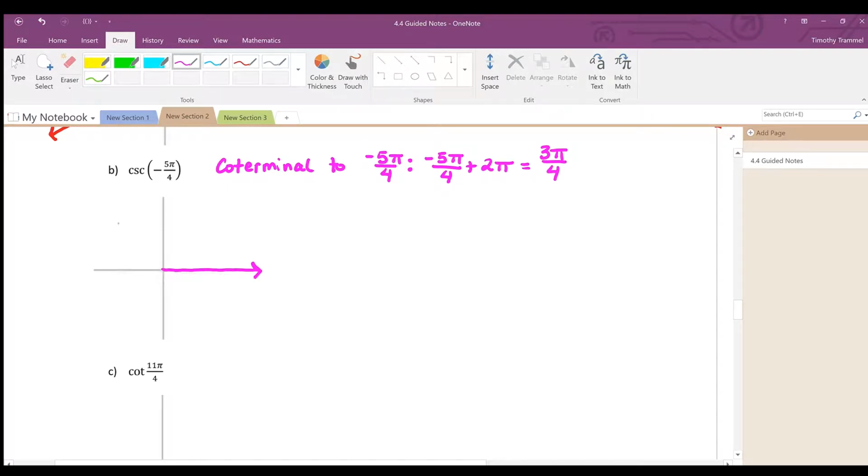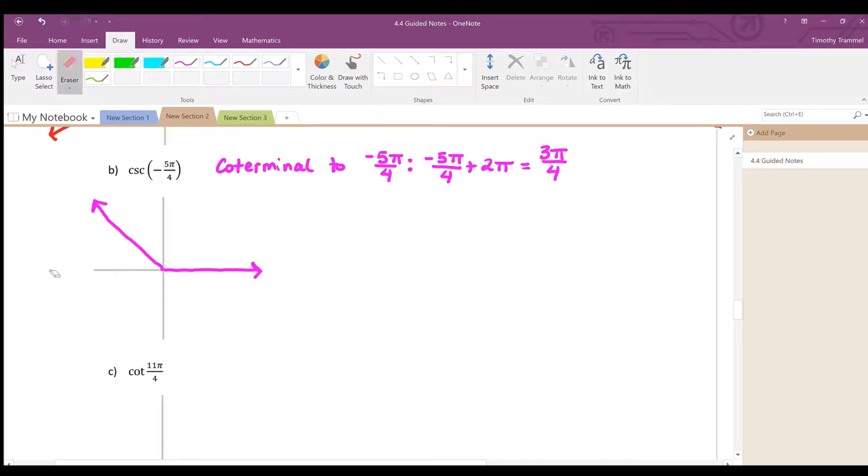Okay, and then 3 pi over 4, that is 1/8 of a revolution short of pi radians. Okay. And so maybe I just gave away a little bit what the reference angle is going to be here, but the idea is we're looking for this angle here. Okay.